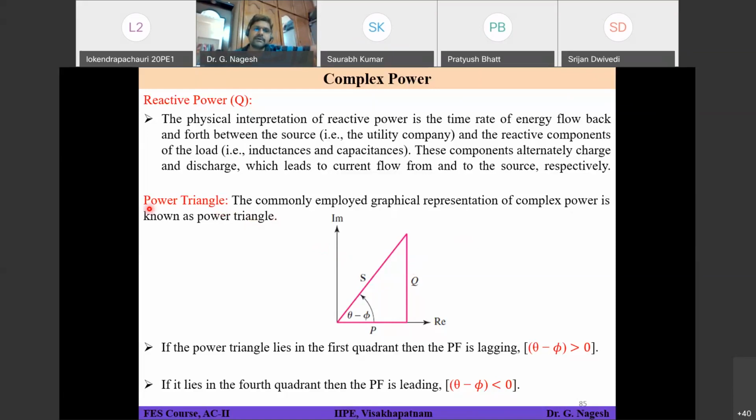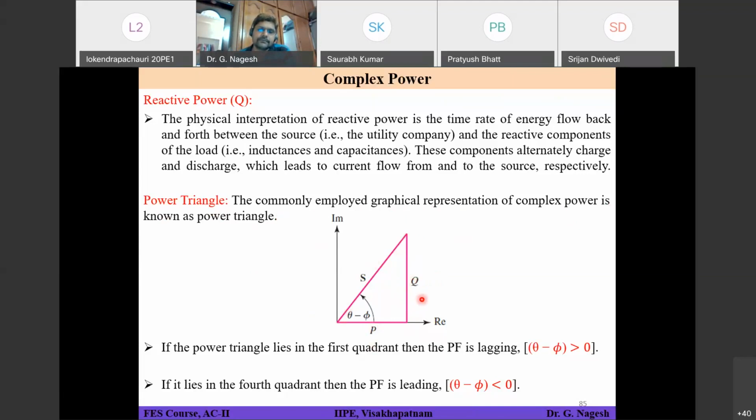Next is power terminology, the same thing we have discussed till now. In terms of the power triangle, they call it the commonly employed graphical representation of the complex power. The complex power S bar is a combination of P plus jQ. That can be given in this form as a power triangle, where P is your real part and Q is your reactive part.